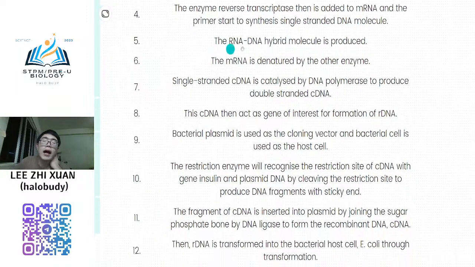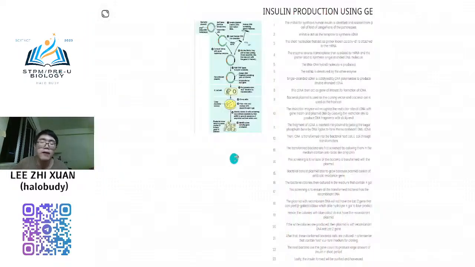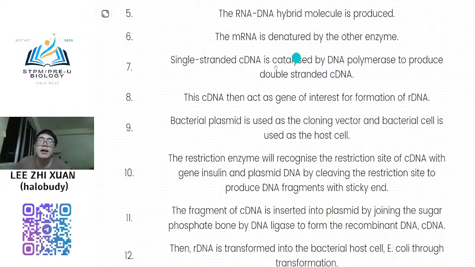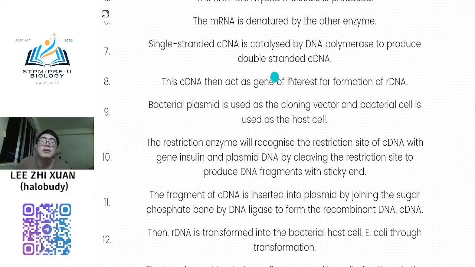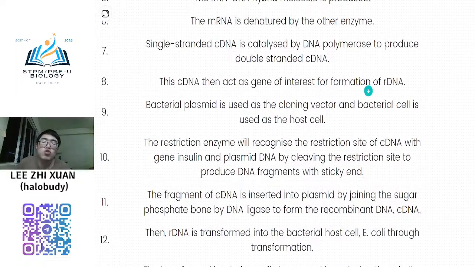Then the RNA-DNA hybrid molecule is produced. After it forms, the mRNA will be denatured by other enzymes. So the single-stranded cDNA is catalyzed by DNA polymerase to produce double-stranded DNA. So this cDNA will act as the gene of interest to form the recombinant DNA.